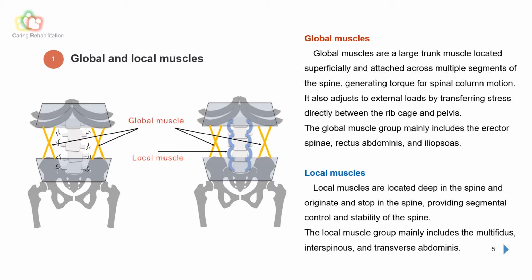The global muscle group mainly includes the erector spinae, longissimus, iliocostalis, rectus abdominis, and iliopsoas. In contrast, local muscles are located deep in the spine and originate and are restricted to the spine, providing segmental control and stability of the spine. The local muscle group mainly includes the multifidus, interspinales, and transversus abdominis.